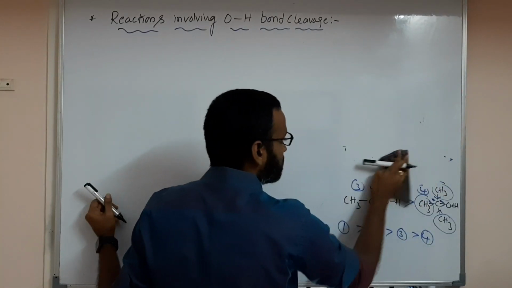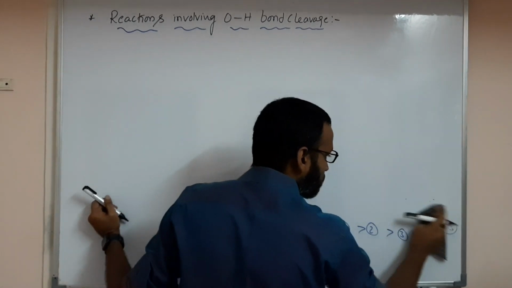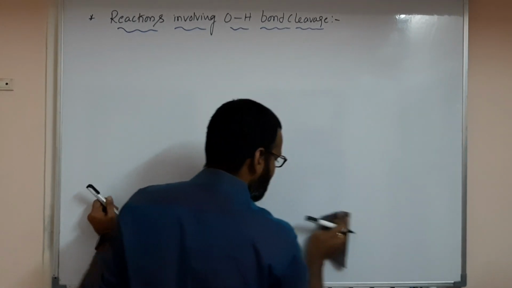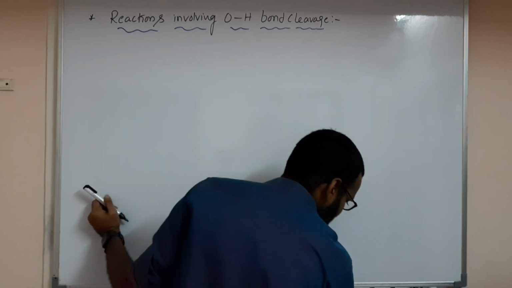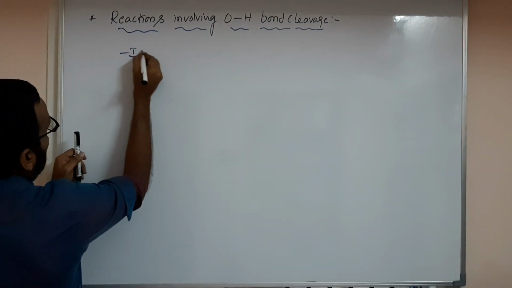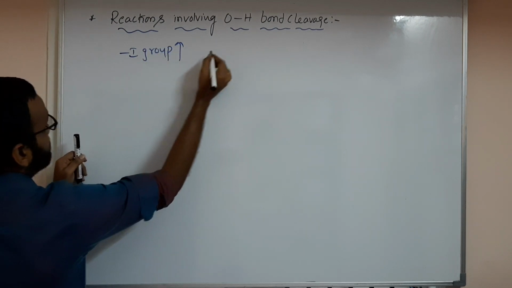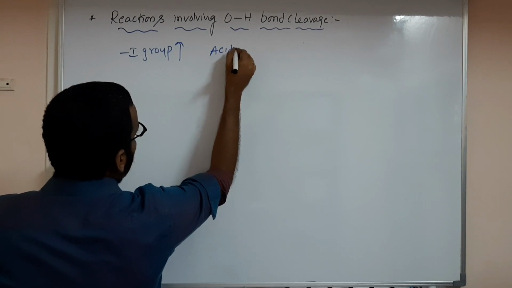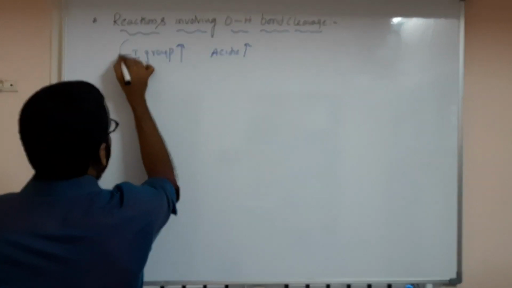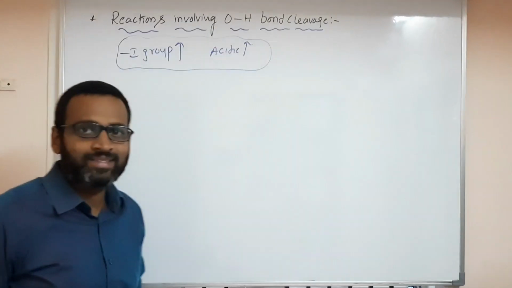Next, most important, actually one more thing: as the minus I groups increases, then acidic nature increases. Distance also matters actually. This we will learn in carboxylic acids also.